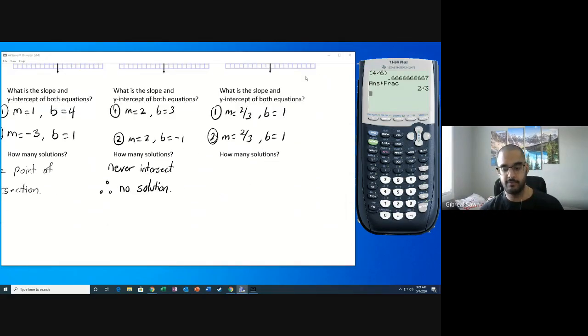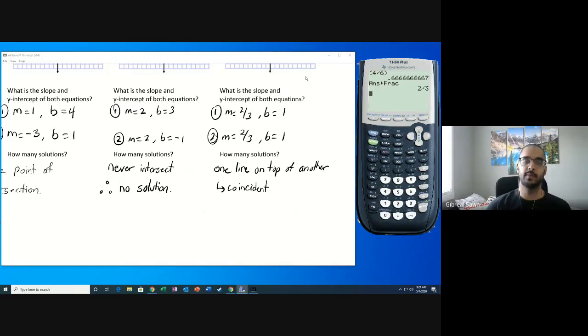Now, if that is the case, we can summarize this by saying there's one line on top of another. Okay, the word we use for that is coincident. Okay, so those lines, basically, if you say coincident, it means that they are the same line.